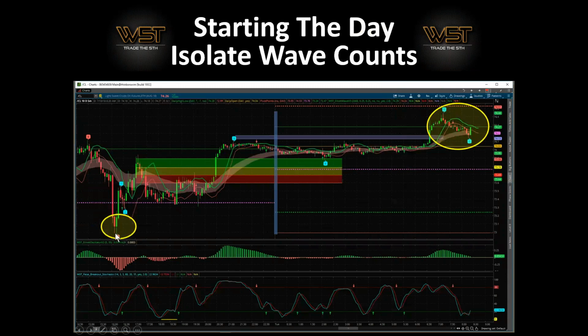We've got the low, so we started the wave count down at this double bottom here, okay? We've got the 1, 2, the 3, and then during the session yesterday, we started to pull back, and then into the close, and then we found support on a wave 4 pullback, and then during the Asian session, we started to gradually move up.